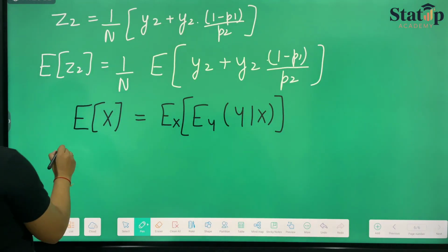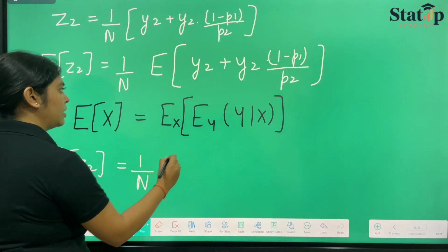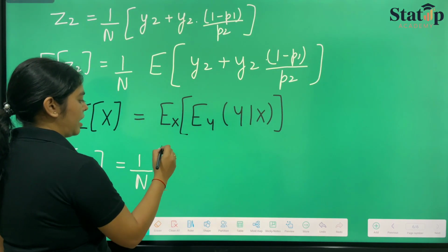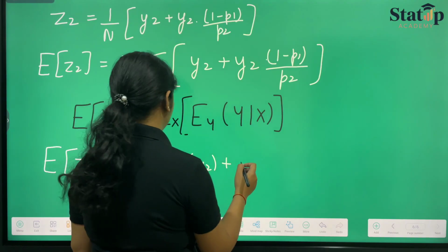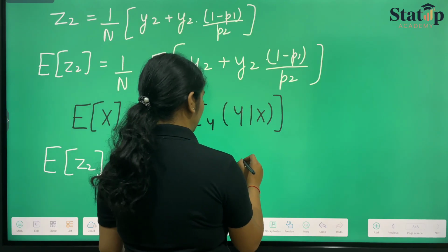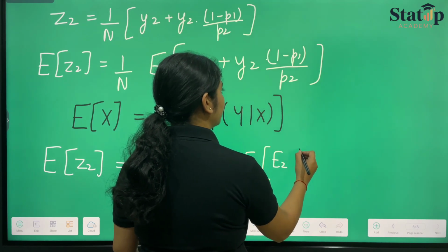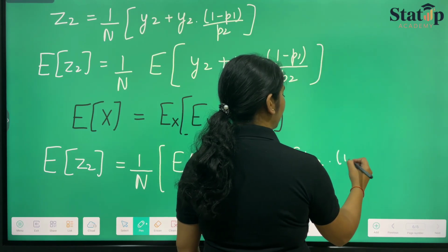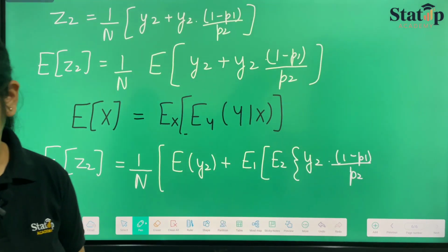So we can write the estimation of z2 equals 1 upon n estimation of, we can take estimation inside, and we are left with estimation of y2 plus E1 E2 of y2 into 1 minus p1 upon p2 given x.